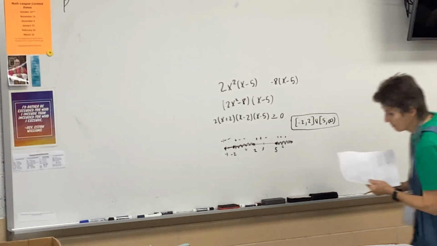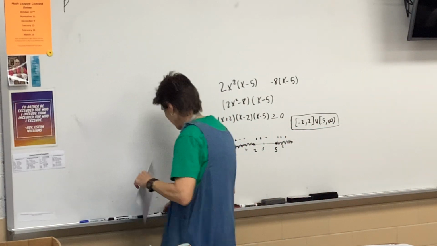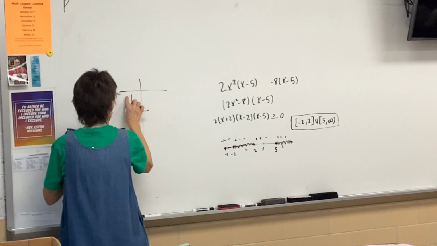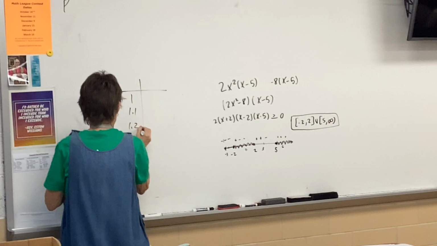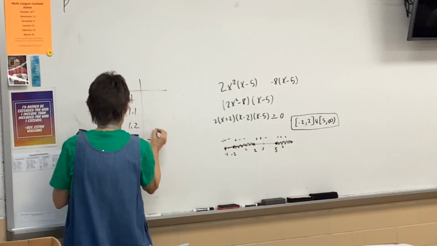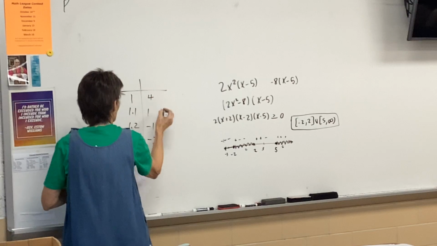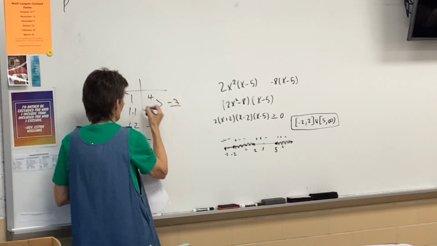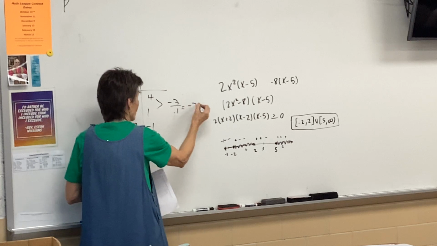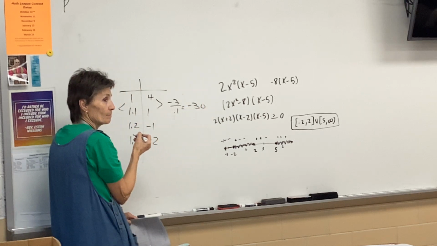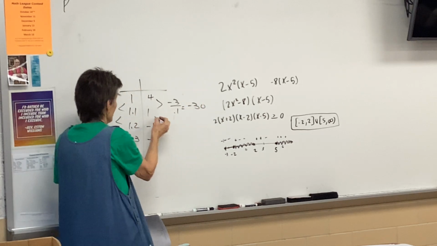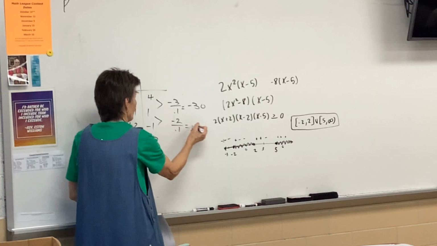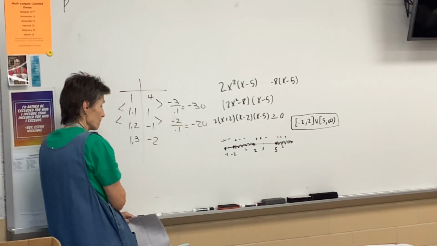So for example, just to make sure everybody's on target here. My first slope would be -3 over 0.1 or -30. My second one would be -2 over 0.1 or -20.